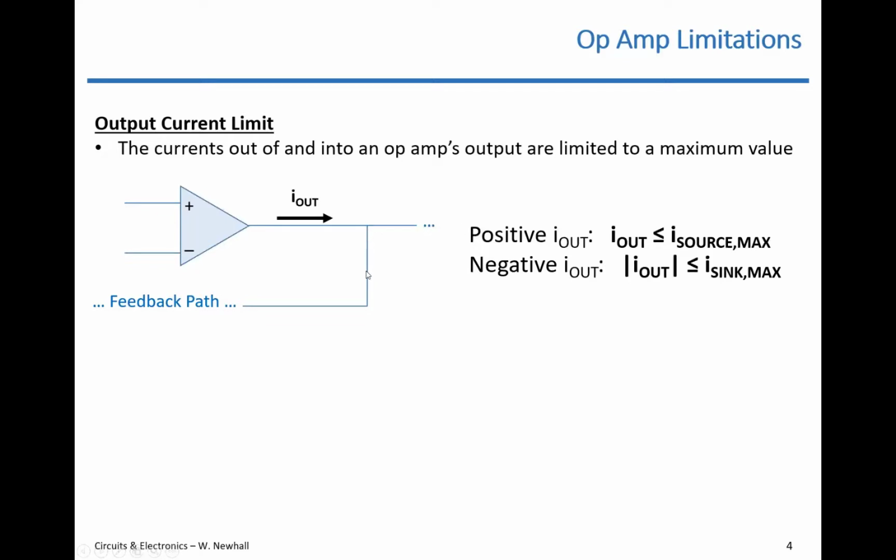But also remember, last time we connected feedback resistors, and there was current flowing through those feedback resistors. So if there's a milliamp flowing down through that feedback path, and you only have 10 milliamps to work with, I out max, then you can only have 9 milliamps going out to your load. So your feedback path actually takes some of that current.